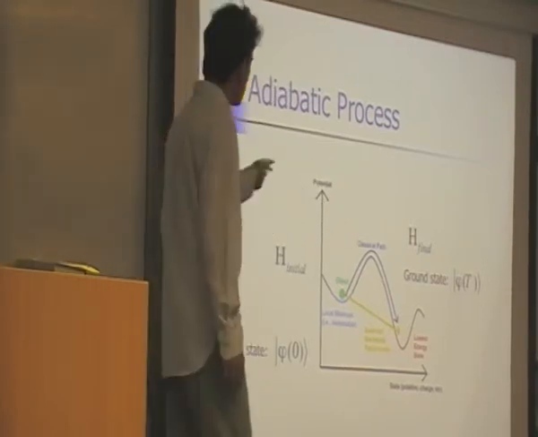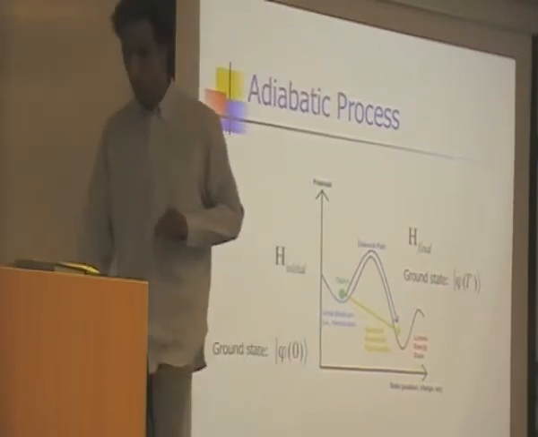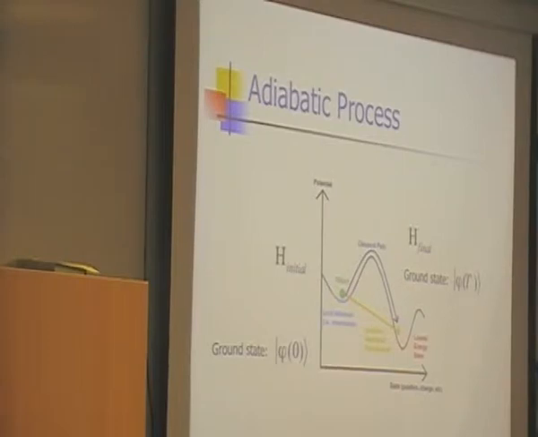So, using this method, if we have a desired Hamiltonian, we can prepare our system in the ground state.